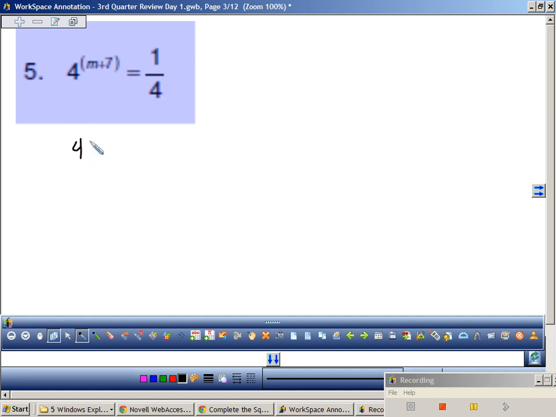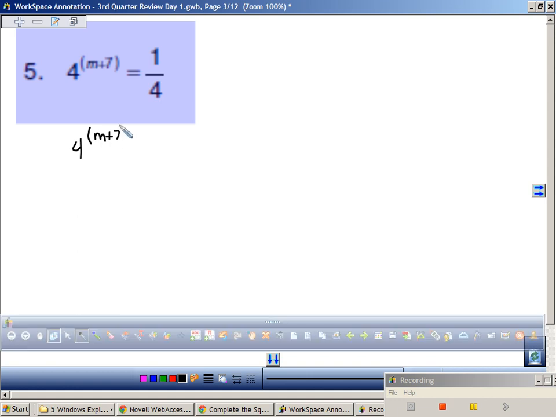So I'm going to change it to 4 to the m plus 7 is equal to 4 to the negative 1. Again, the property of equality says I can set them equal to each other now. m equals -8, right?